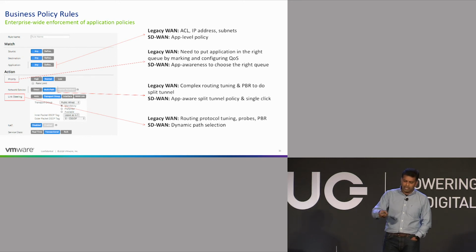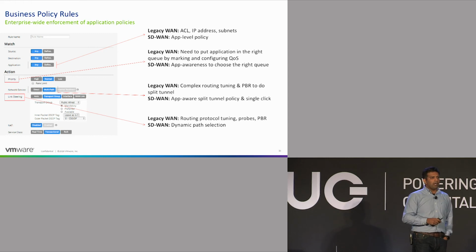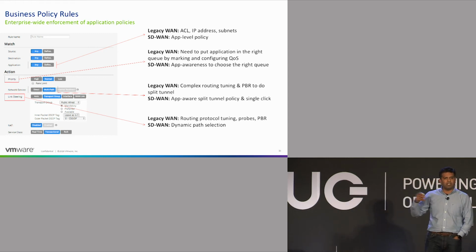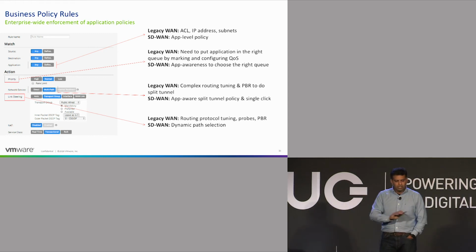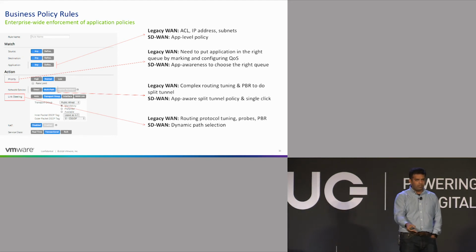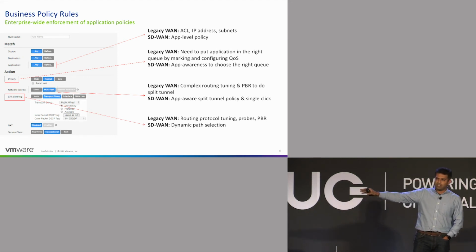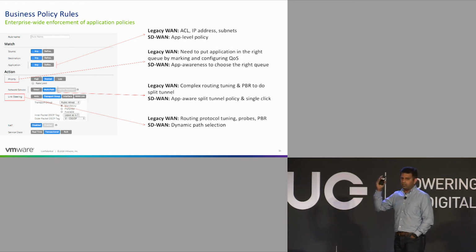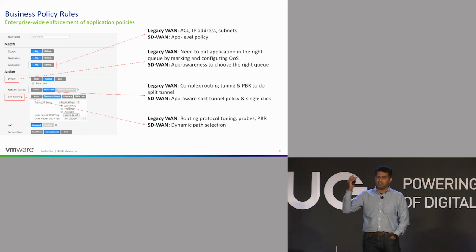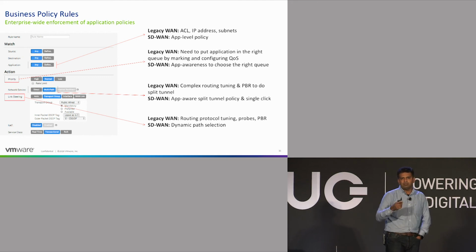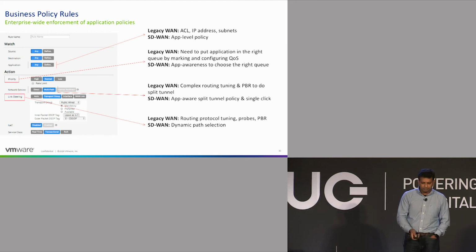You can actually go select, hey, this application is important, so I want to actually offer like application assurance and dynamic path selection to it, right? So this just gives a very quick overview on how our business policy rules are defined as opposed to the legacy networking, where you need to define QoS, ACLs, and like policy-based routing and stuff, right?